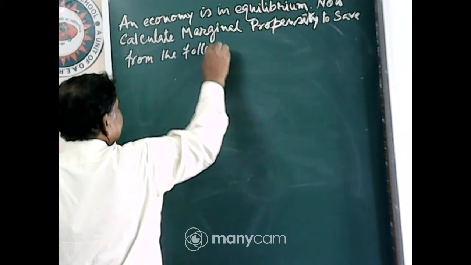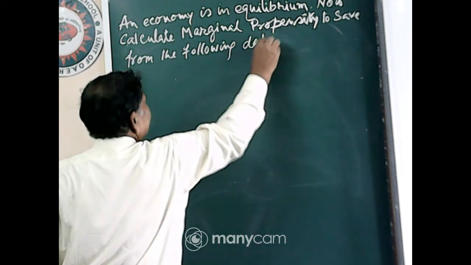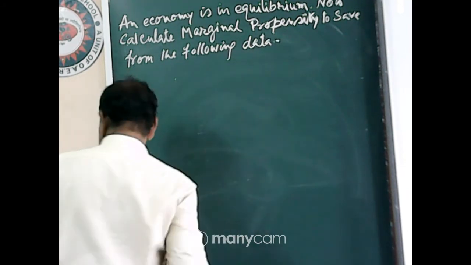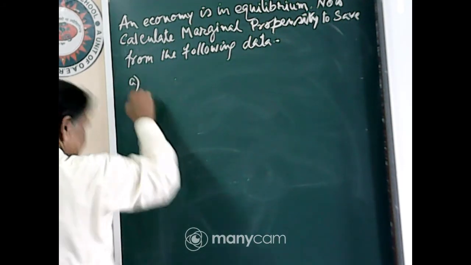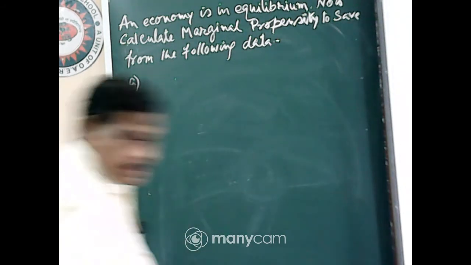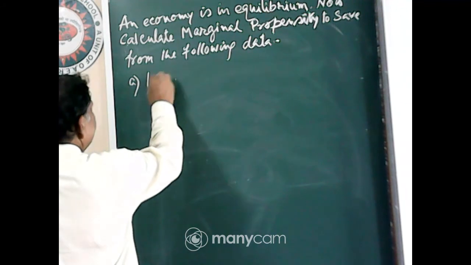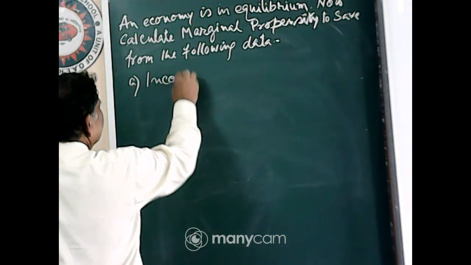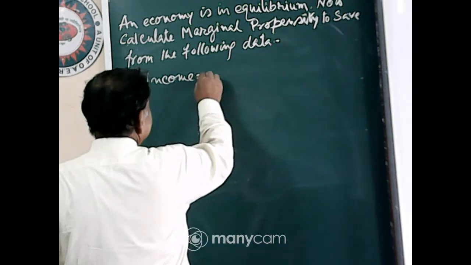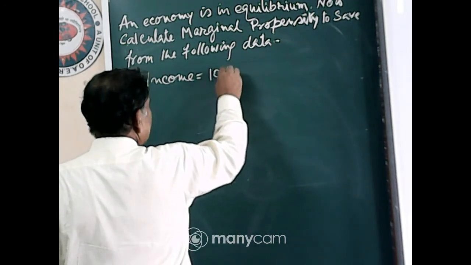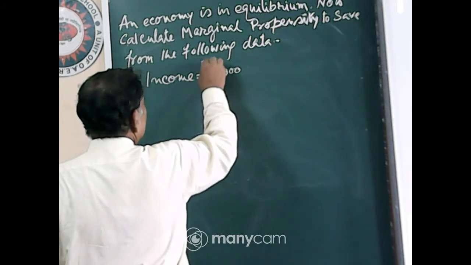From the following data. A, income is equal to 10,000. Rupees 10,000, suppose crore. Rupees, all rupees.